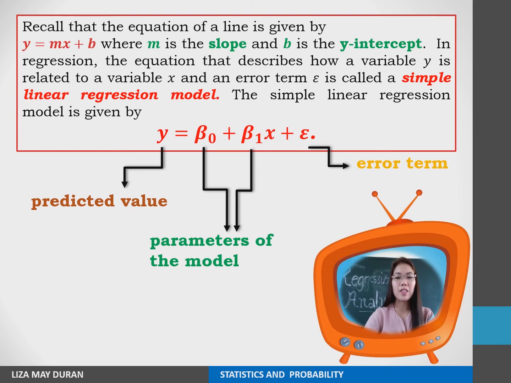When we say parameter, these are values taken from the population itself. The error term is a random variable that accounts for the variability in y that cannot be explained by the linear relationship between x and y.